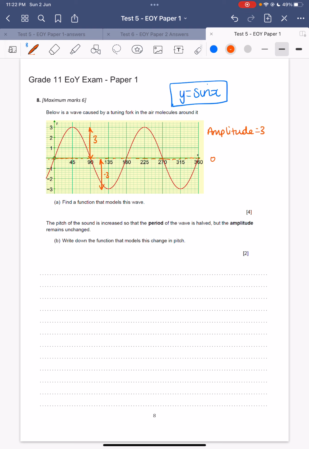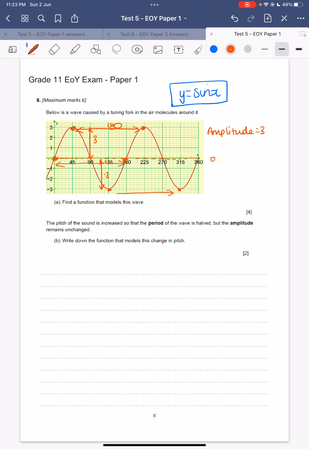We're also interested in the wavelength. If we take two values, we could take these two here, for example, and find the distance between them, which is 180. You could also take these two values here, or these two here.